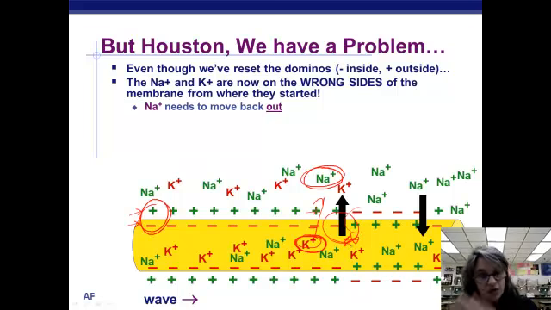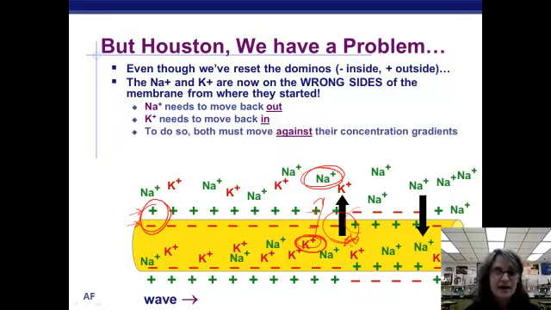So we need to move sodium back out where it needs to be and pull the potassium back in. Now, in order to do that, we are going to have to move them against their concentration gradients. Even though we let sodium rush in, there's still more sodium out here than there is inside this neuron.